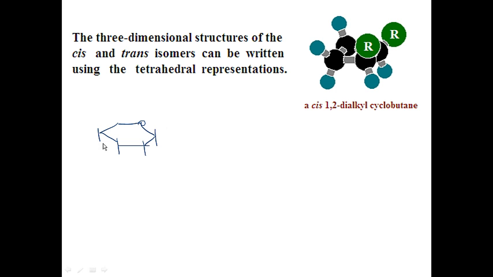You'll see this six-membered ring drawn like this, where you have R groups and you'll represent the R groups, let's say, on opposite sides. So there's the trans, and then maybe here is the cis.